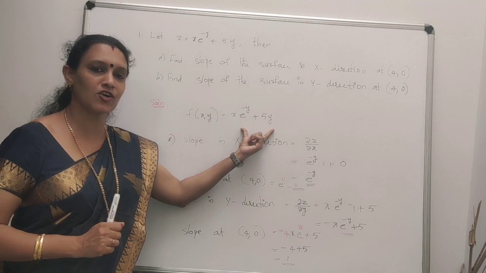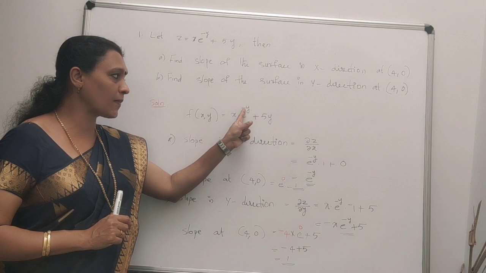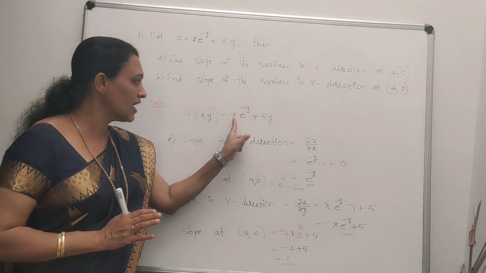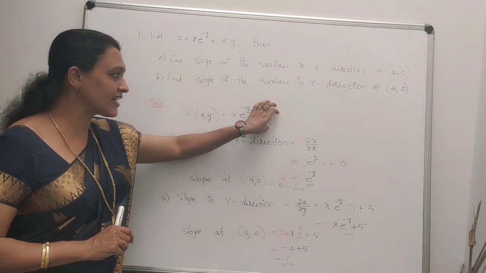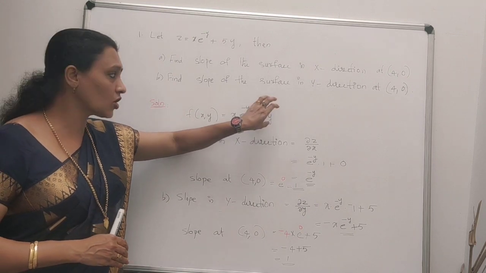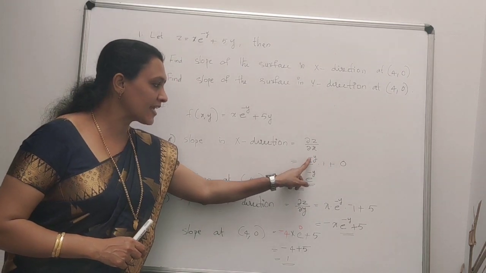So remember, y is a constant. We are keeping y as a constant. So in x e^(-y), e^(-y) is a constant into the derivative of x, which is 1. 5y is completely a constant since we are differentiating with respect to x, and the derivative of a constant is 0.